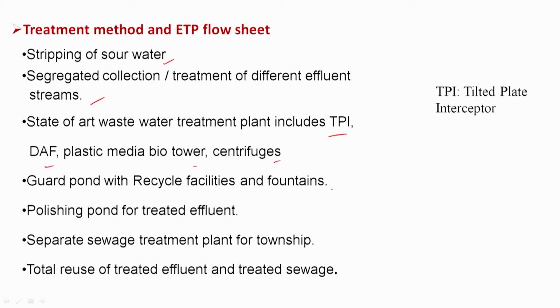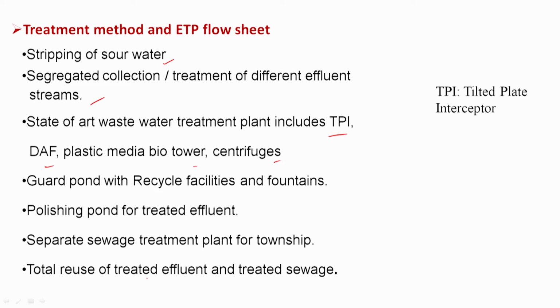These are also used to maintain the treated wastewater, along with a polishing pond for treated effluent and a separate sewage treatment plant for the township. Normally the refinery plant is very big in size and already has some township, so that sewage should have a separate sewage treatment plant.